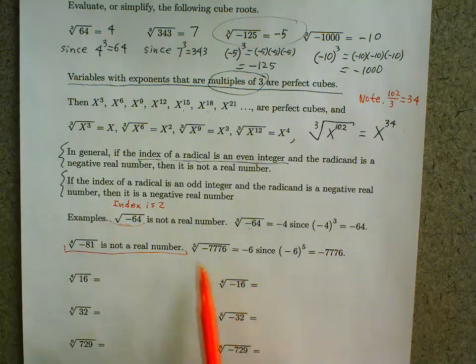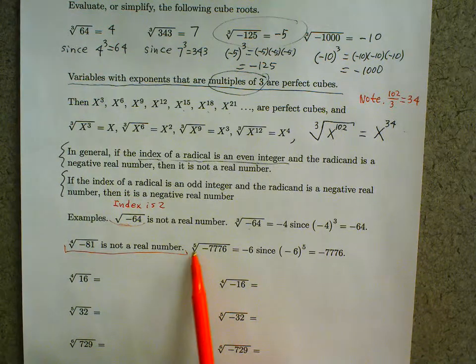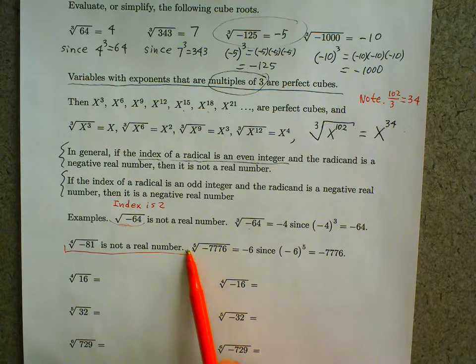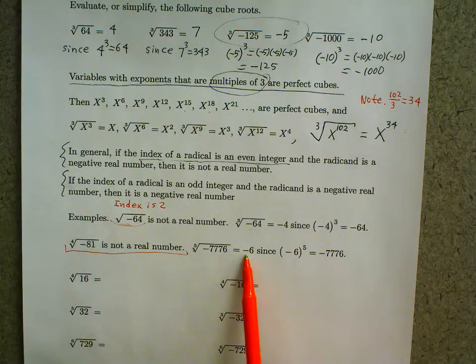Okay, but if you have a radical with an index that's an odd integer like 5 and the radicand is negative, then this will simplify to a negative real number.